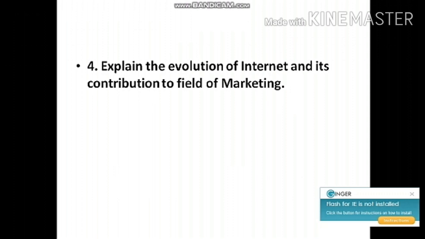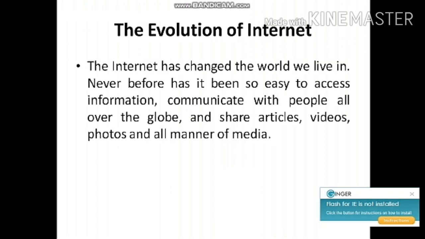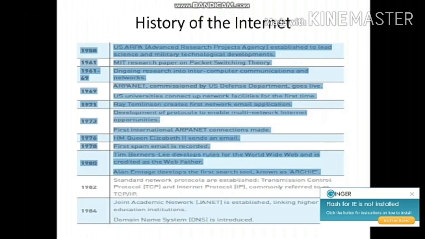Explain the evolution of internet and its contribution to the field of marketing. After the evolution of the internet, people save time, and everything is shared: information, communication, articles, videos, photos, money, and also selling activities, everything is done through the internet only.